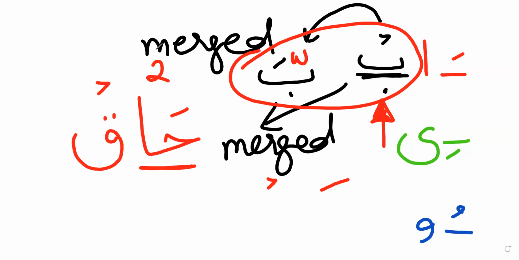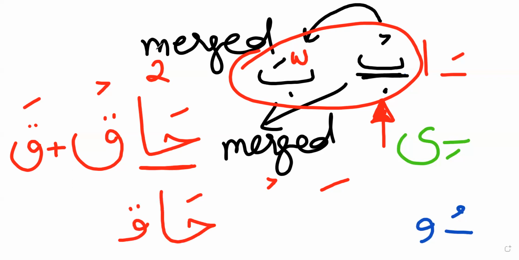And on top of it, it was merging with another qaf right next to it. So how would I write it? Shadda fatha. Correct?